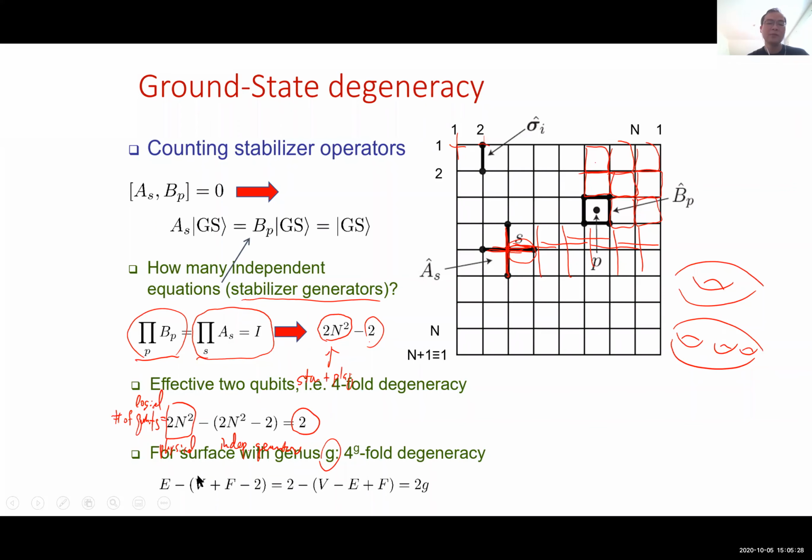And the number of vertices plus the number of faces gives the star and pocket operators. Two constraints, because of the product of all these, just like this. And you can see that this is 2G qubits. So the degeneracy is 2 to the 2G.